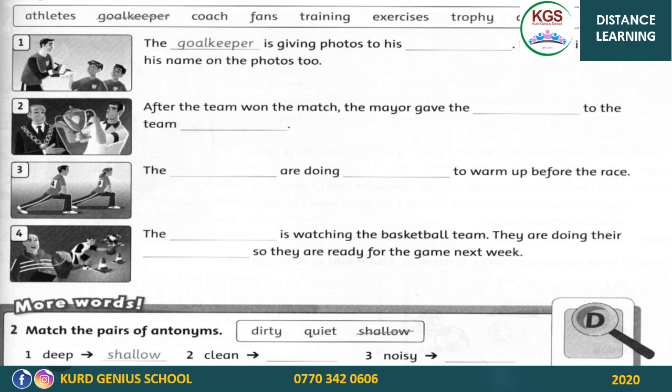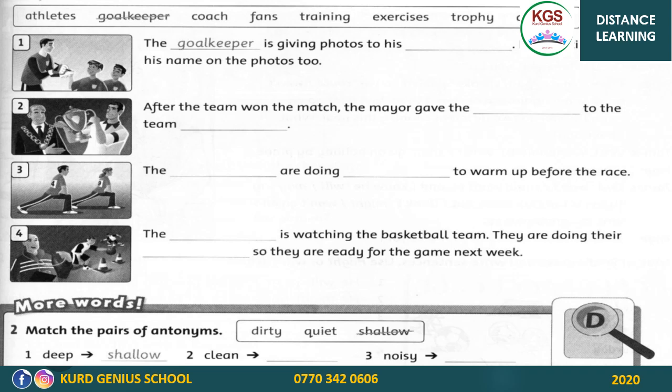Next up, you are going to match the words that are in that box with their opposites. So, guys, antonyms, like we explained in the previous lecture, are opposites, right? Good, bad. Heavy, light, smart, lazy, active, inactive.